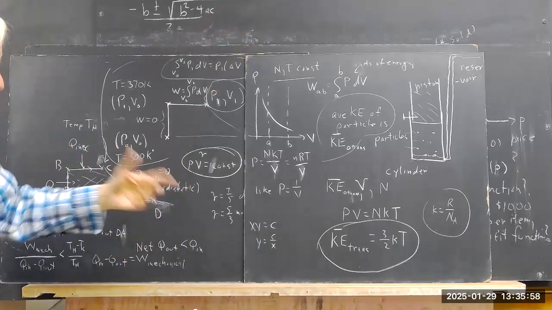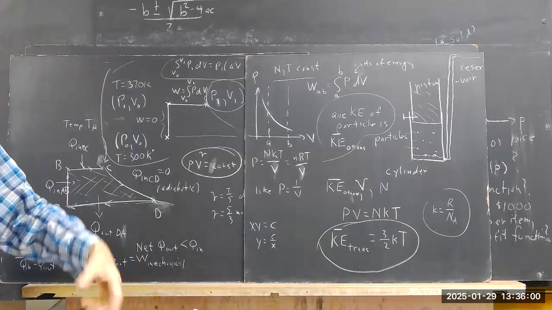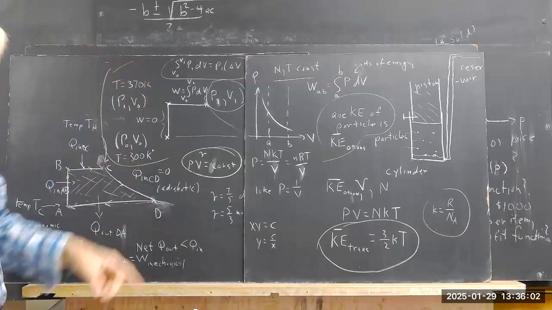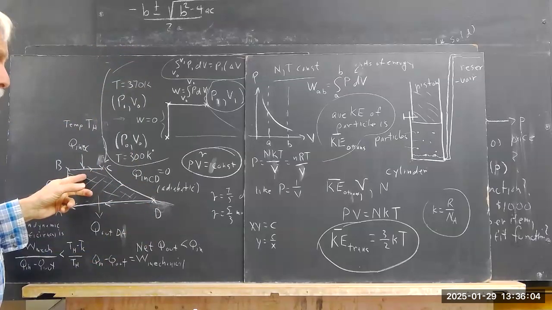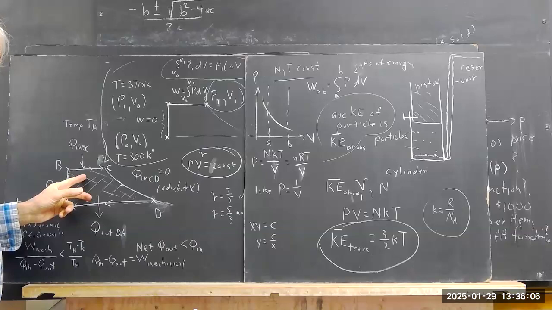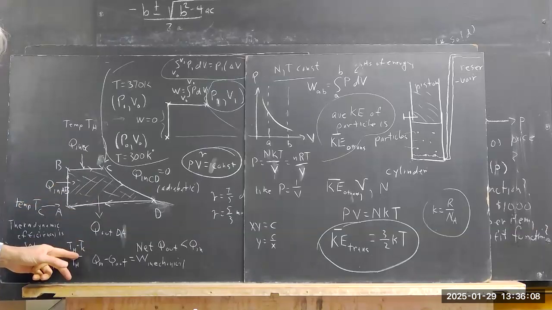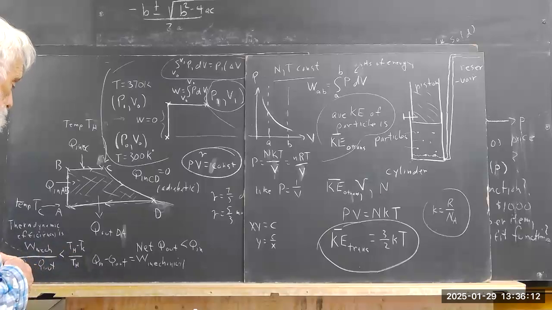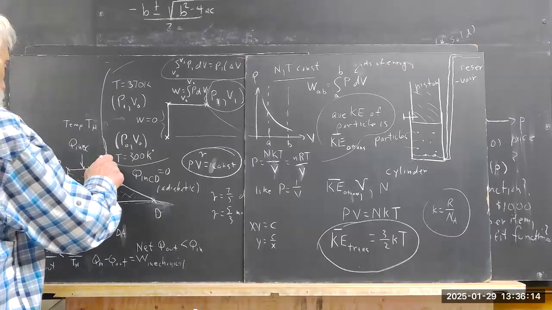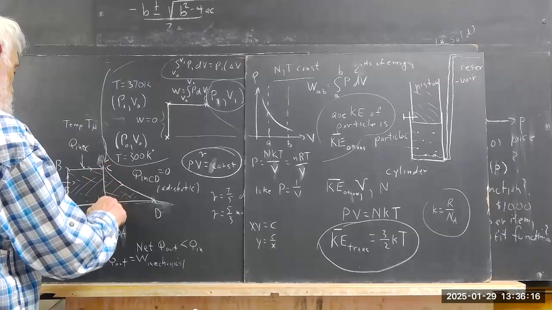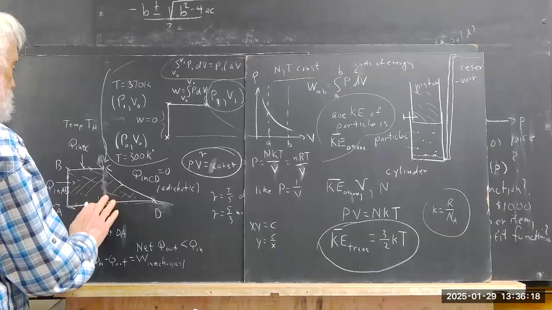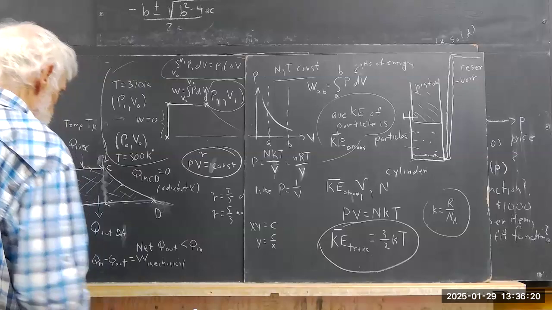But when you do this expansion, you're expanding against the pressure, and you're doing work that doesn't do you any good. But it's still part of the thermodynamic efficiency. So now I'm just using different colors.